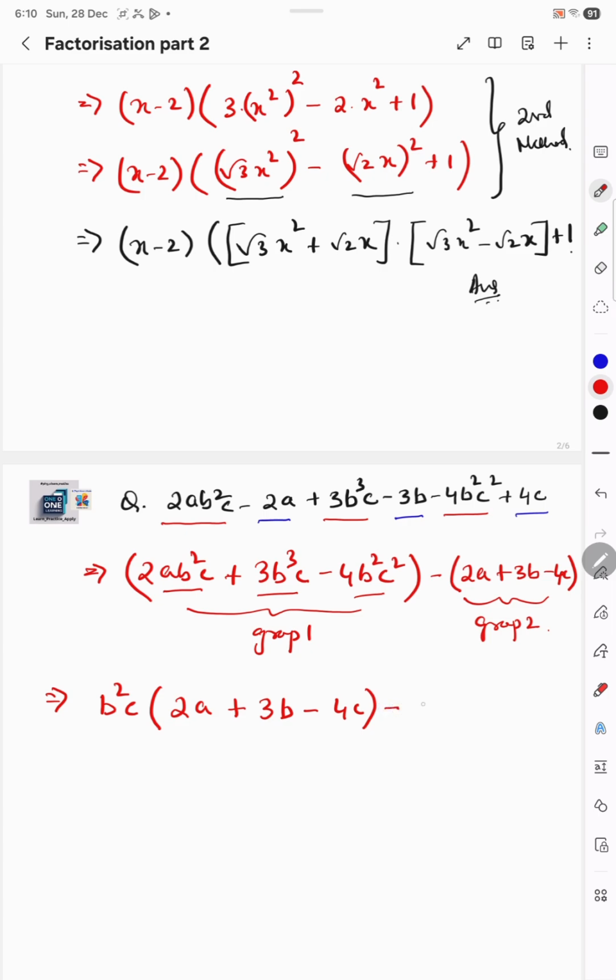And we have a second group as 2a plus 3b minus 4c. So now from both the groups we have this term common. These are the common terms.